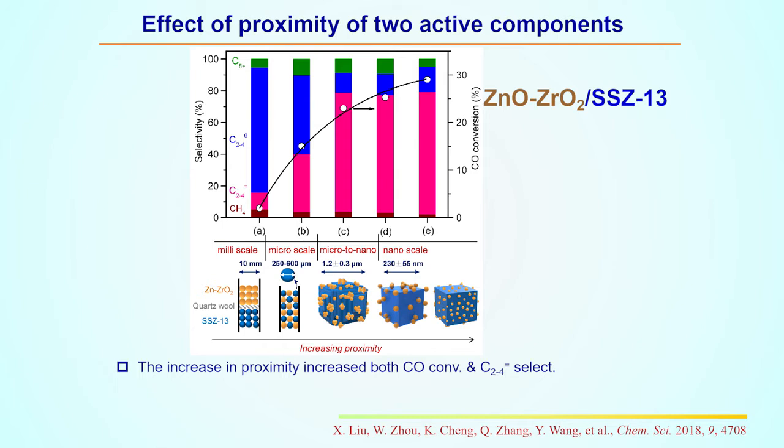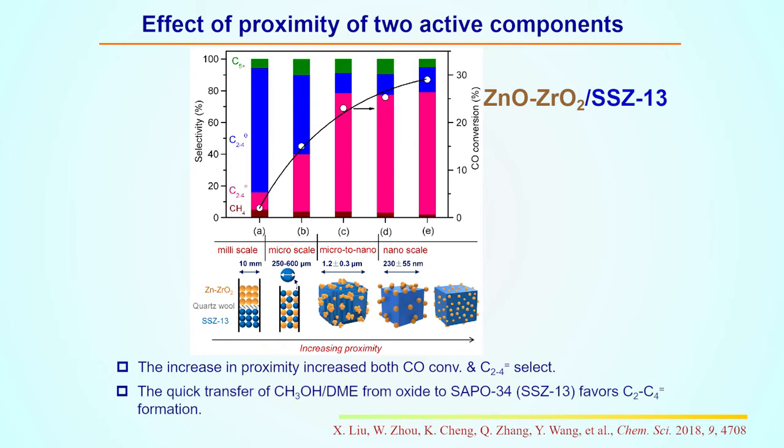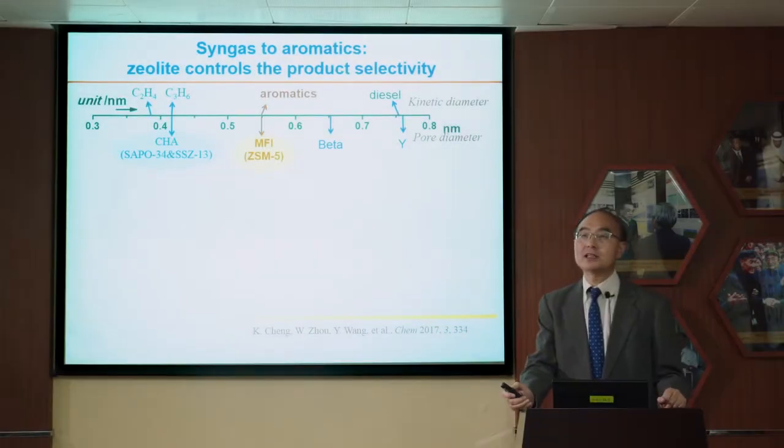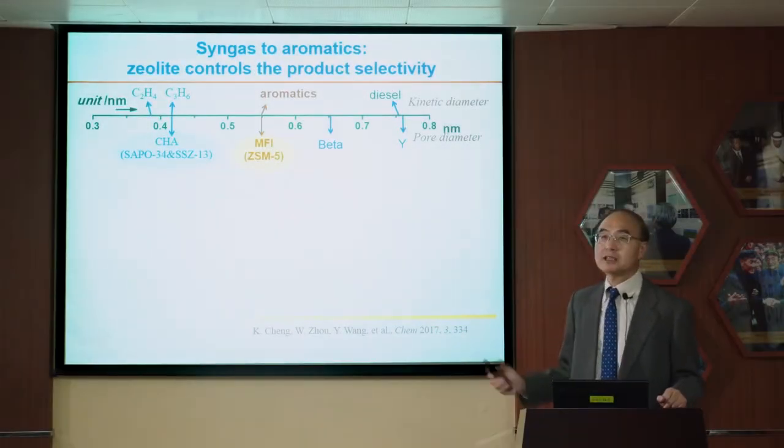We speculate that the quick transfer of methanol and DME from metal oxide to SAPO-34 or SSZ-13 zeolite favors the formation of lower olefins. By changing the zeolite, different types of products can be expected.